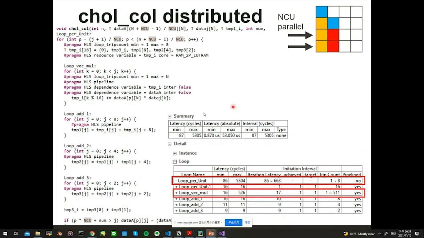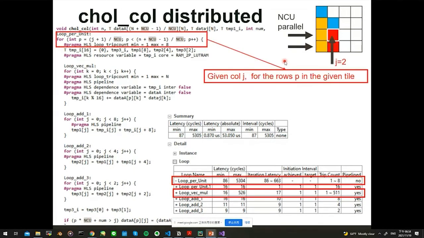It is a little bit tedious because the code is very long, but what we actually did in this loop is that we have 16 units in parallel, and for each unit, given one column J, for instance J equals 2, the unit will take one row and perform some computation.